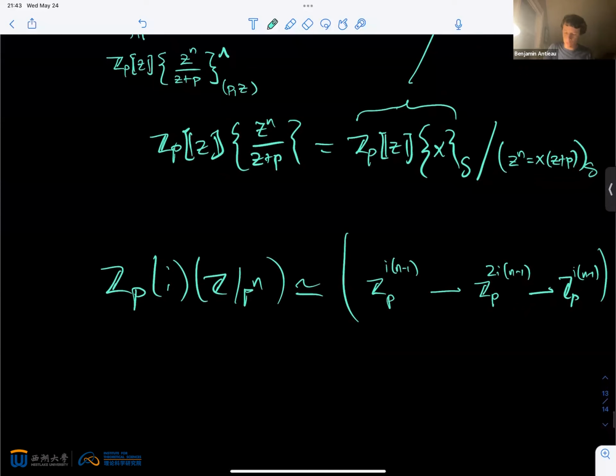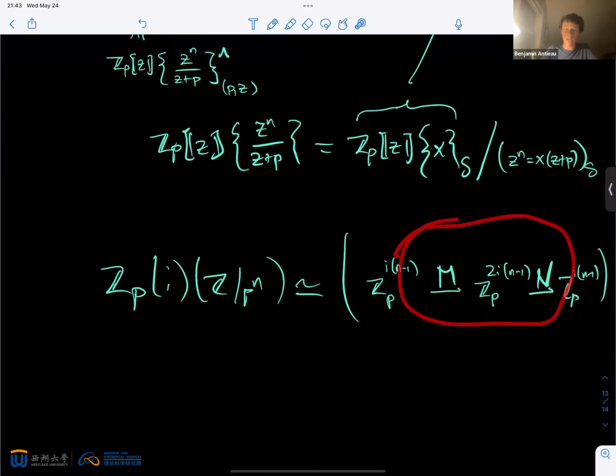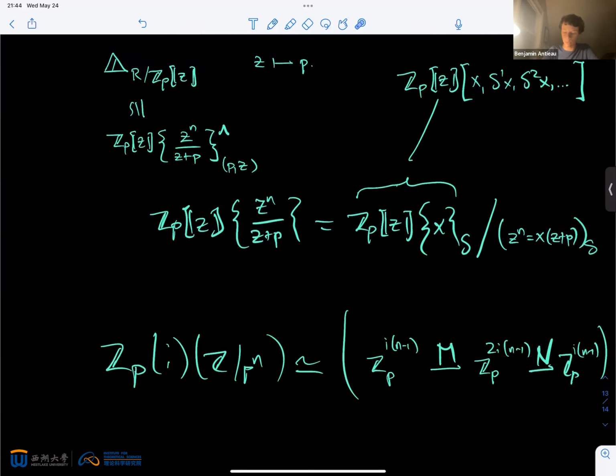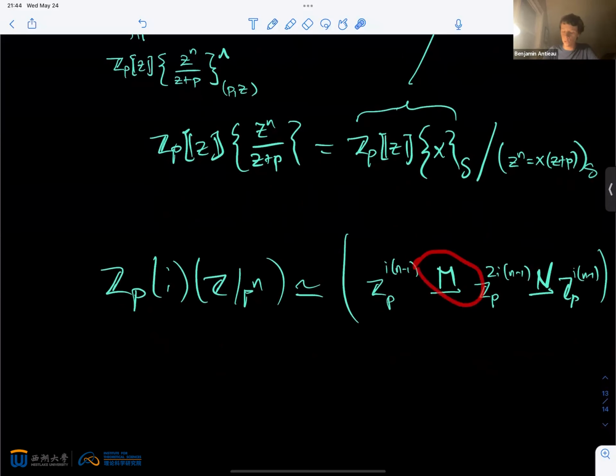And then this is just some matrix, and this is some other matrix. And so the algorithm is about filling in the entries of these matrices using this theory of prismatic cohomology and analysis of these prismatic envelopes. Once you've filled that in, then you can use Smith normal form to compute the cohomology of this complex. And that's how the calculation goes.